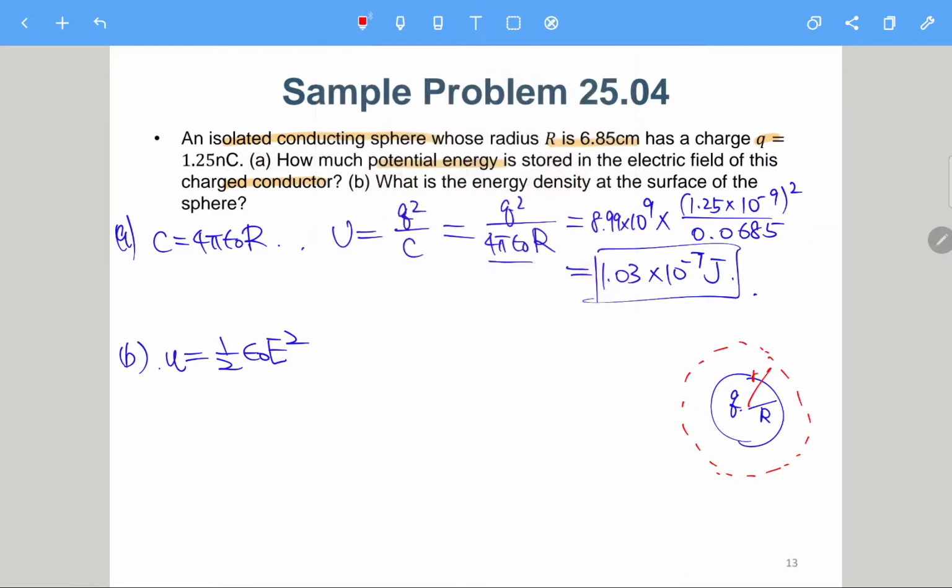So in this case, using Gauss's law, you will know that E of r will be 1 over 4 pi epsilon naught times Q over r squared.